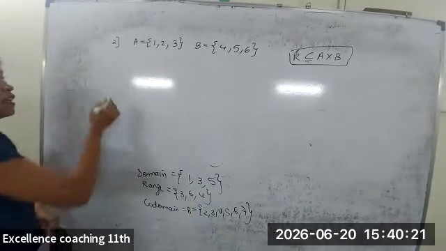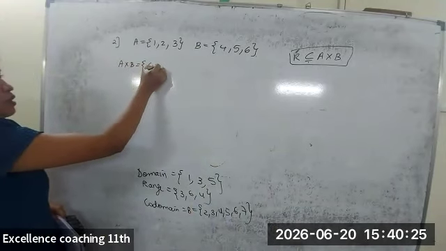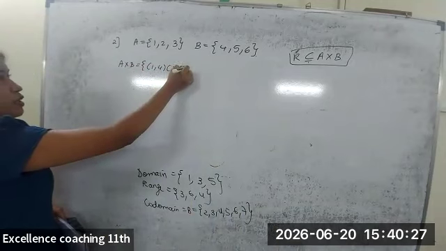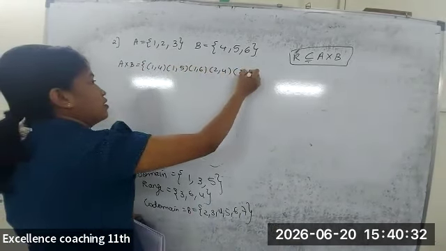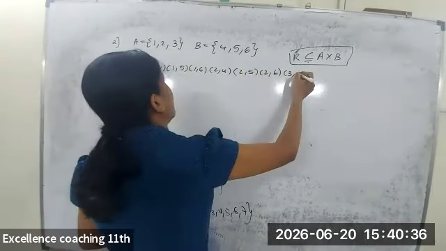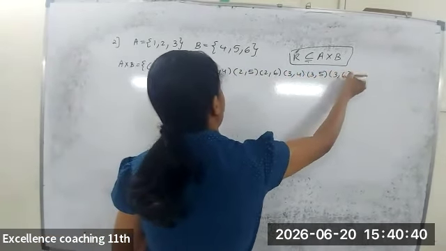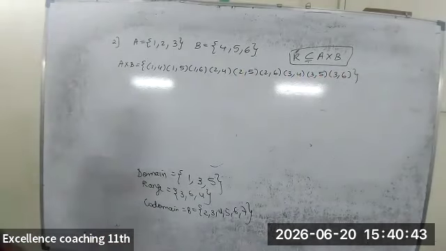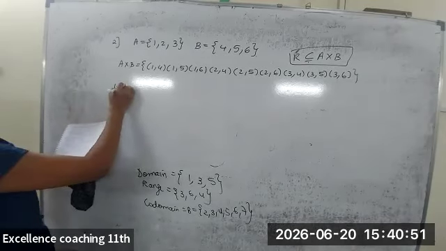So first let us find the Cartesian product. So 1, 4. So now check with the definition.